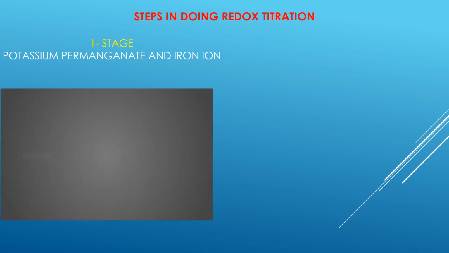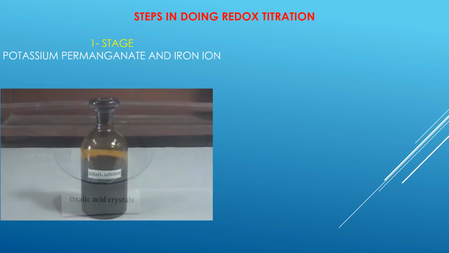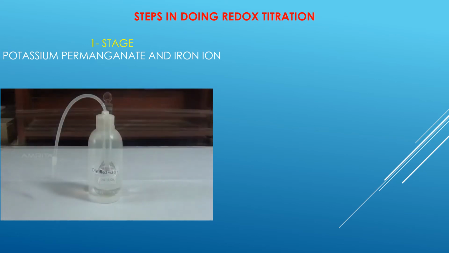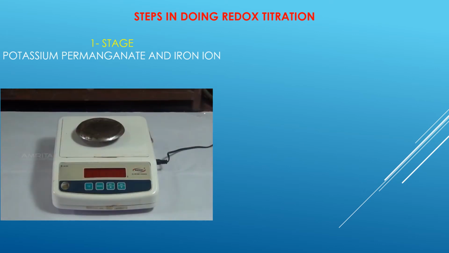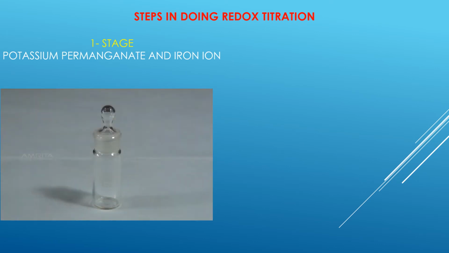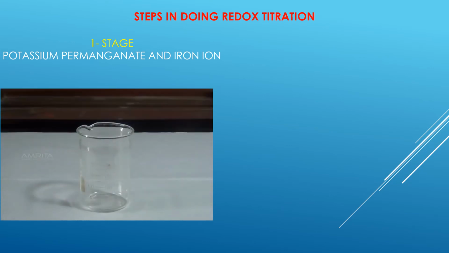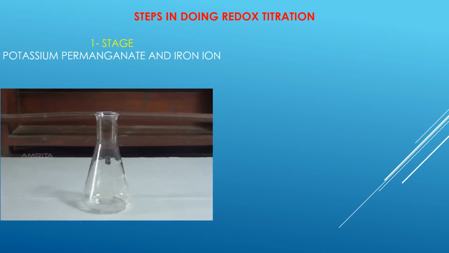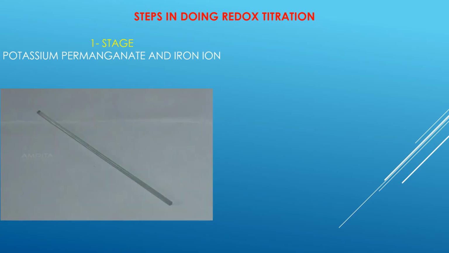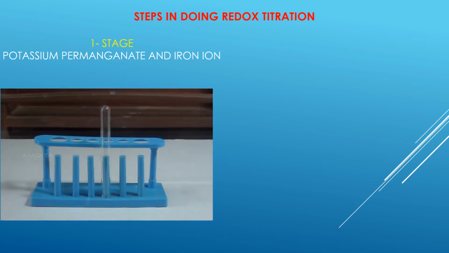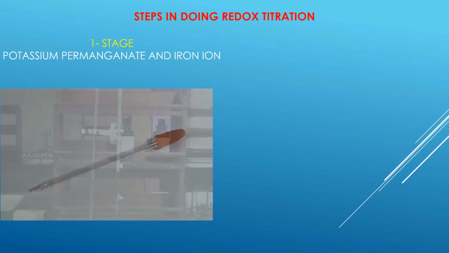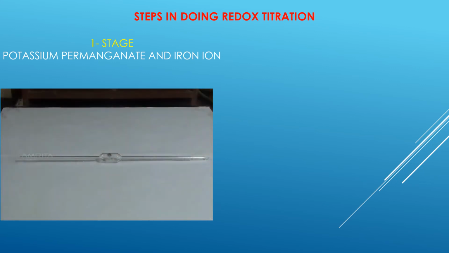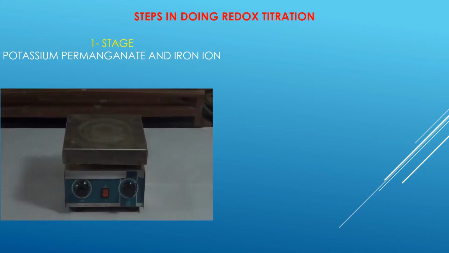Materials required: oxalic acid crystals, potassium permanganate solution, dilute sulfuric acid, distilled water, electronic balance, weighing bottle, spatula, 250 ml beaker, 250 ml standard flask, 250 ml conical flask, glass rod, funnel, test tube, dropper, 50 ml burette, burette stand, 20 ml pipette, and hot plate.